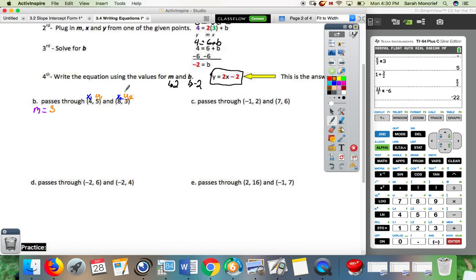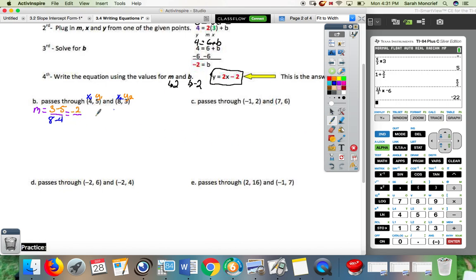3 minus 5 all over 8 minus 4 is equal to... Now what is 3 minus 5? 3 minus 5 is negative 2 over, what is 8 minus 4?